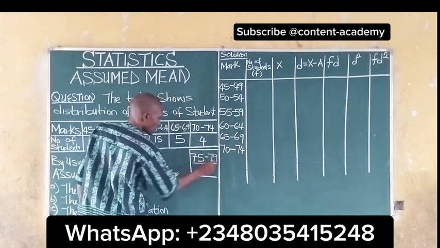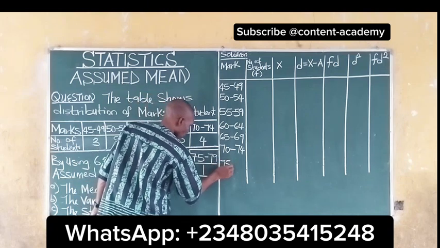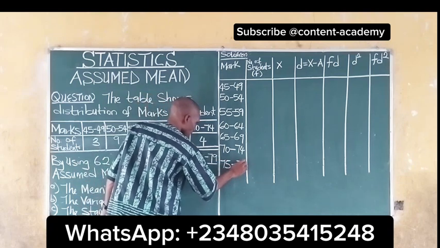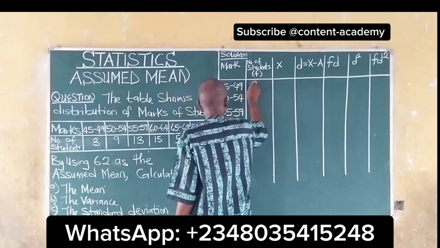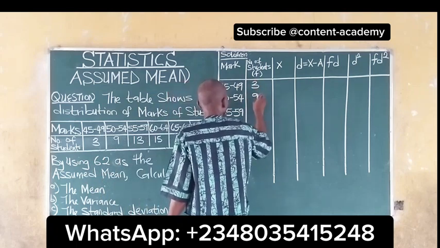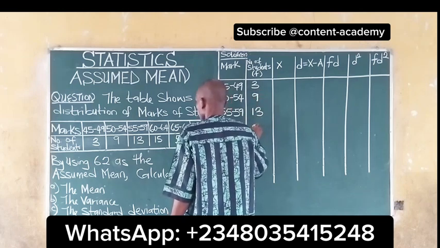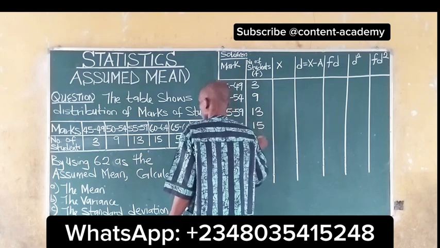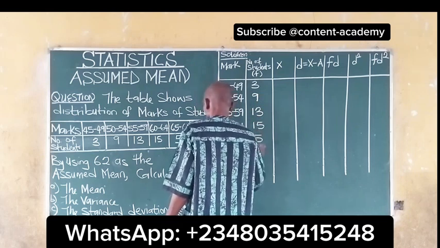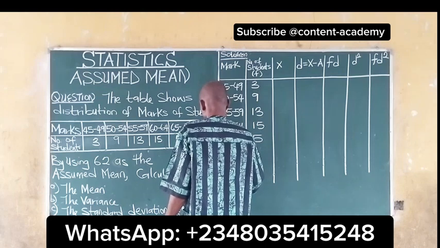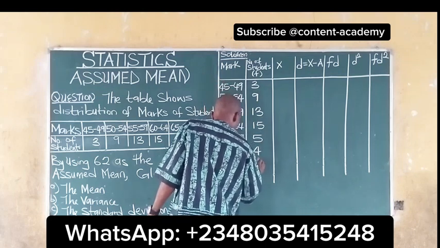We also have one more here, which is 75 to 79. We also have our frequencies to be 3, 9, 13, 15, 5, 4, and 1.